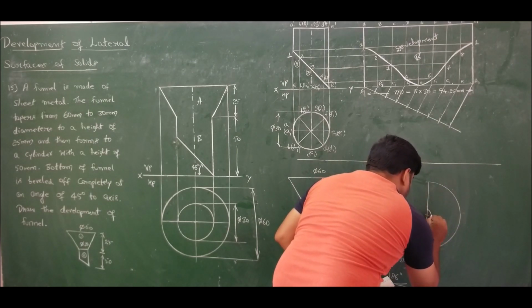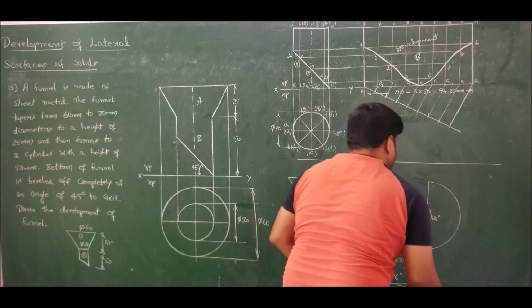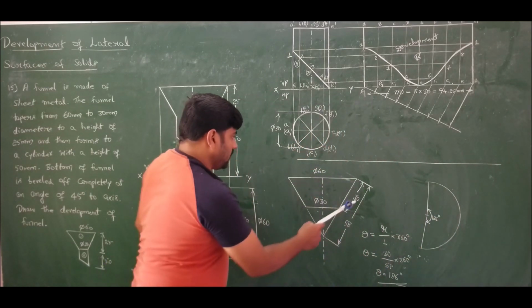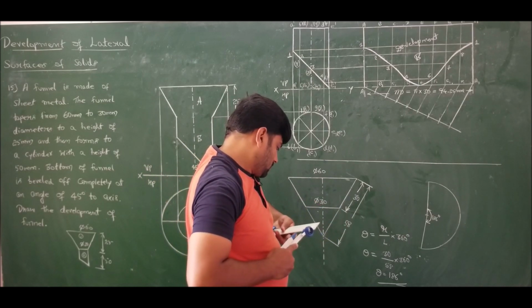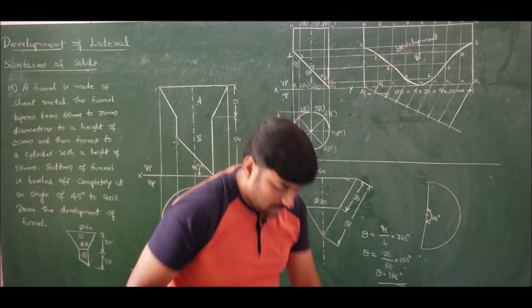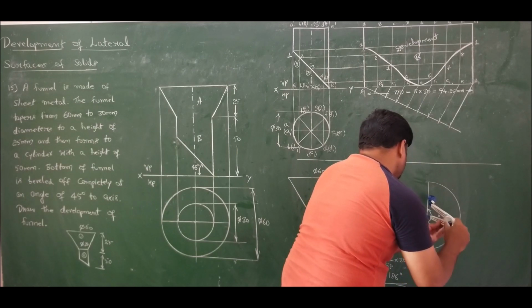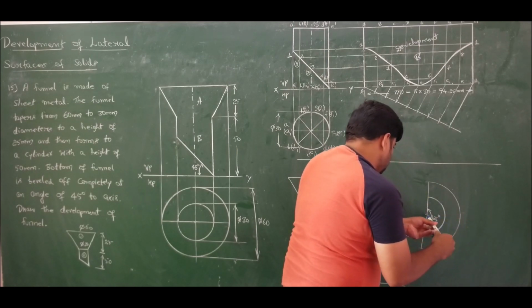So overall angle from here to here is 186 degrees. Clear? Now we want arc at 30. So measure 30 and draw an arc. One more arc. Like this.